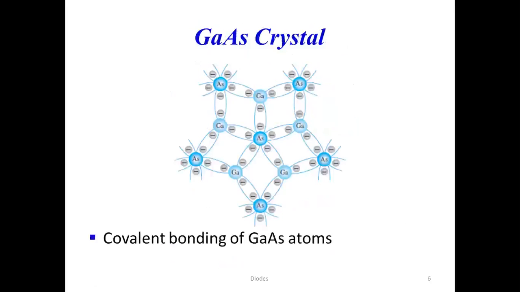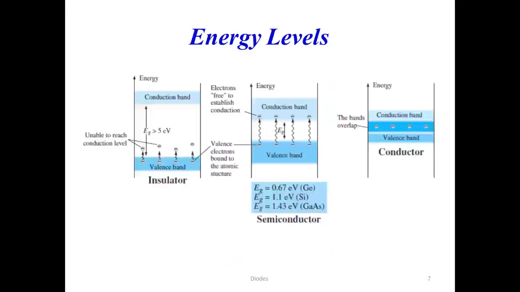Now, basically, why are we using only semiconductors for the manufacturing of different components? If you see, there are 3 different types of materials: one is insulator, another is semiconductor, and the third one is conductor.